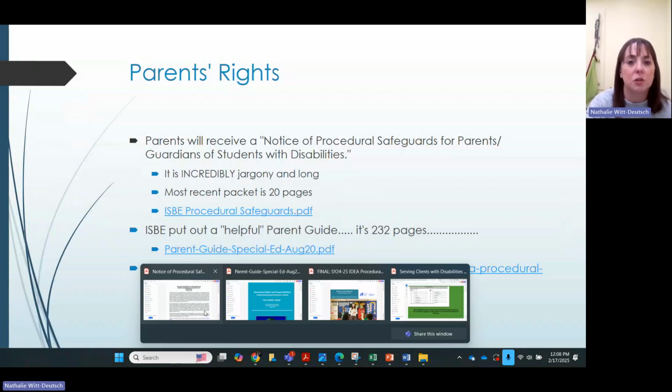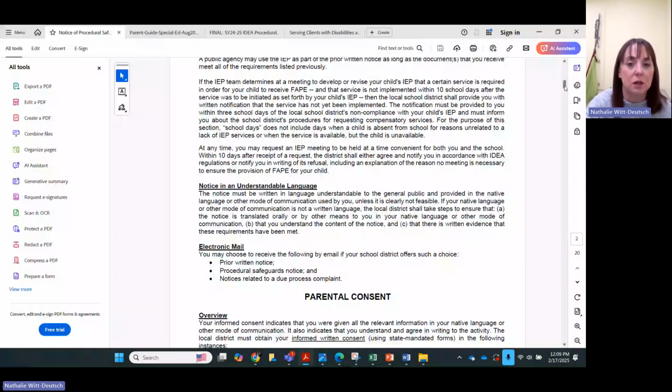But one thing that you should know is that if English is not your strongest language, if it is your second language, and you have a language that is more familiar to you, whether that is written or spoken or both in combination, the notice must be written and provided to you in a language that is native to you. Same thing for the IEP.